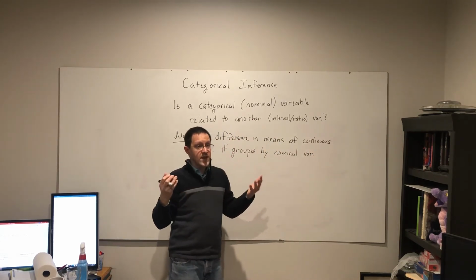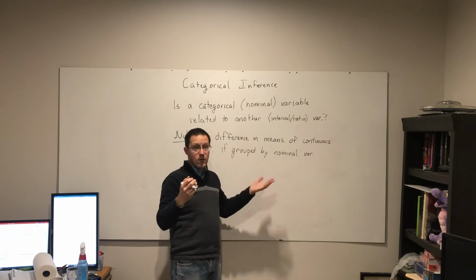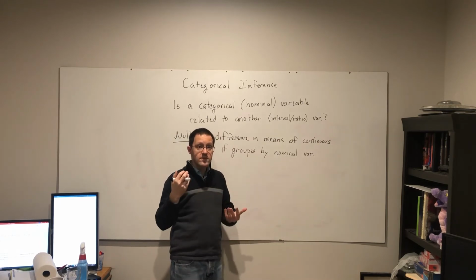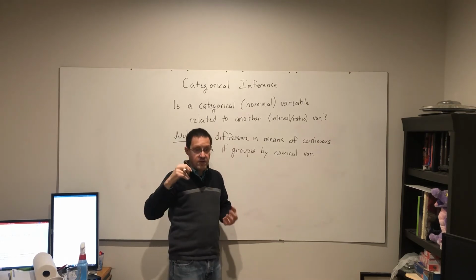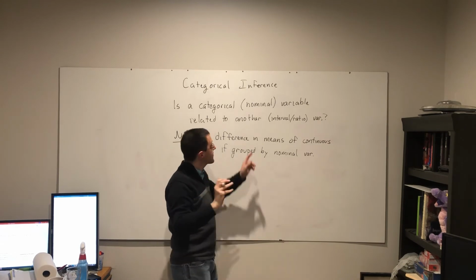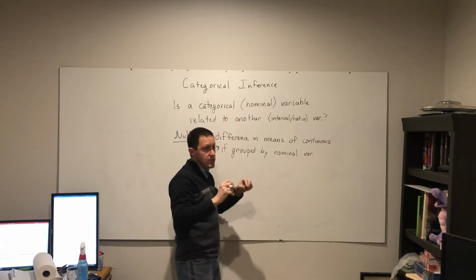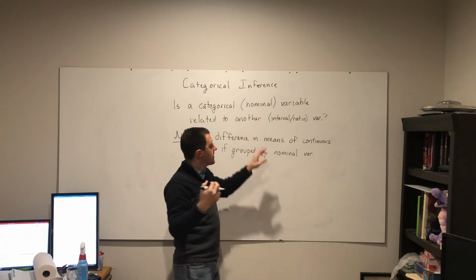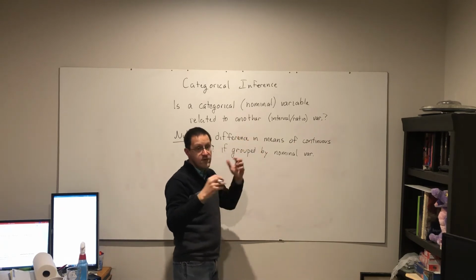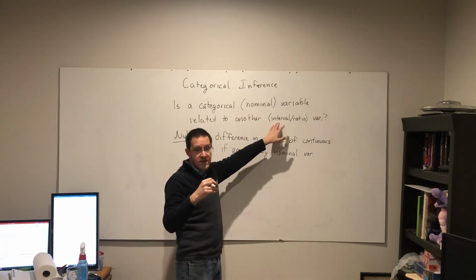What we're setting up, the null hypothesis, is that there is no difference in the groups. So we're using the categorical or nominal variable to form groups, and we find the mean of each group of that continuous variable.